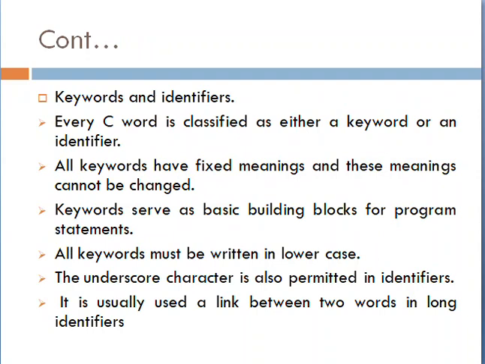What is a keyword? Keywords are reserved words in C programming whose meaning cannot be changed. C contains 32 keywords. In C language, there are 32 fixed words, and their meaning cannot be customized as per our requirement. All keywords must be written in lowercase, because keywords have their own writing rules.